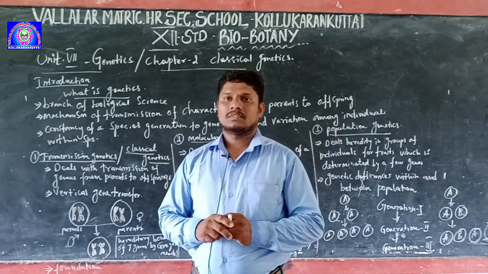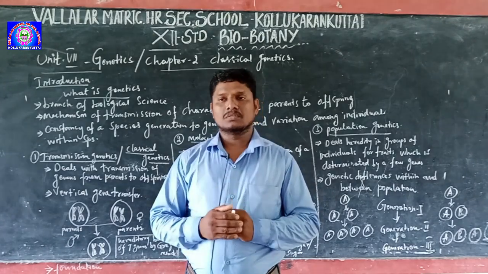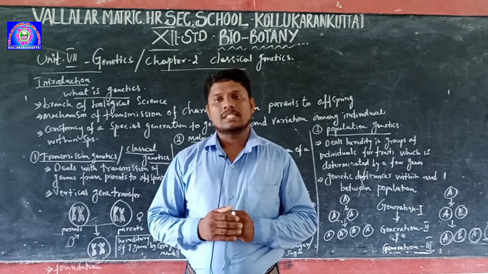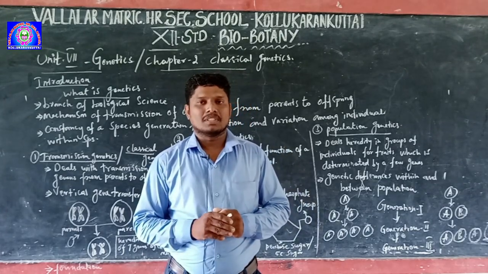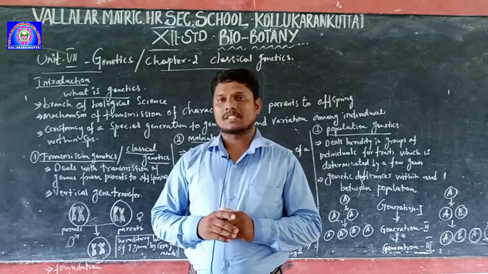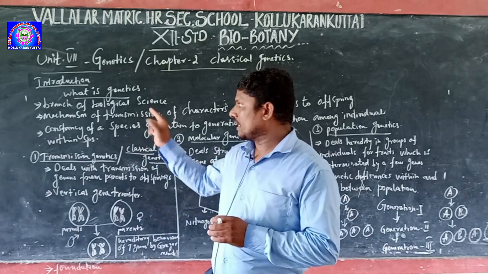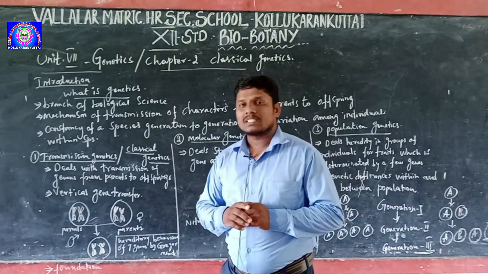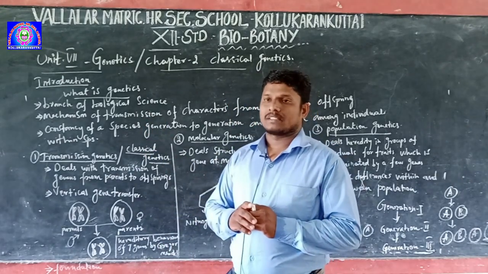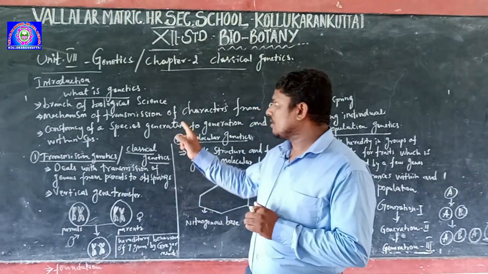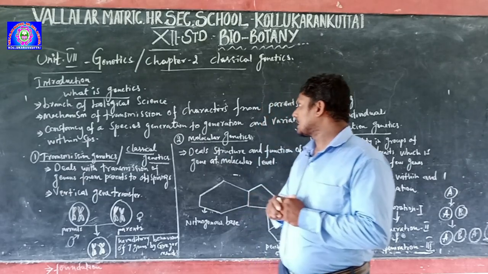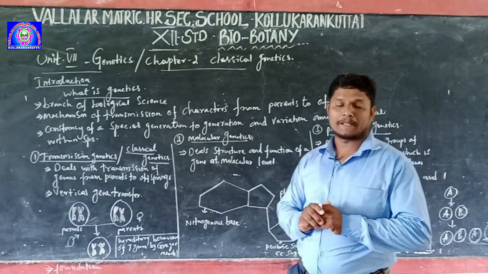First, you have known what is genetics. It is described in 3 points. Point number 1, branch of biological science. Point number 2, mechanisms of transmission of characters from parents to offspring.